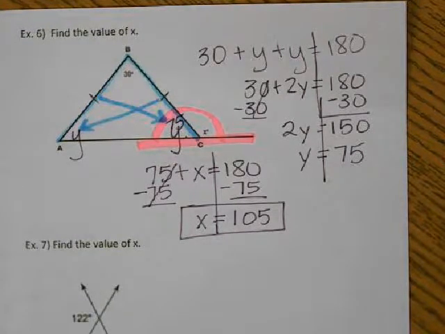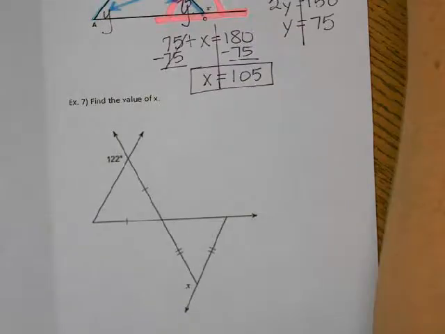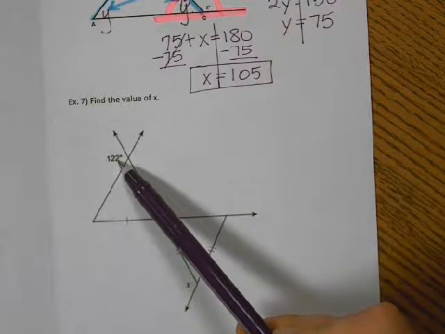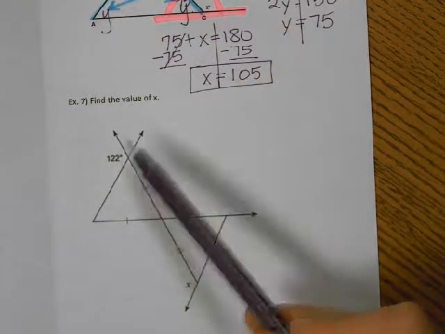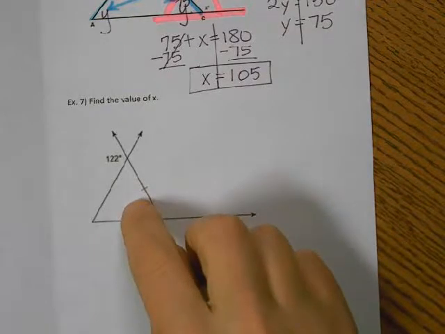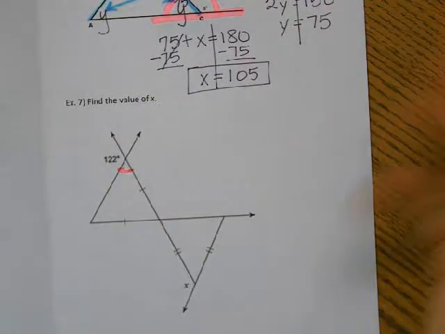Alright, so example 7 is a little bit tricky. Okay, we're going to have lots and lots of hops to go. But we're going to start with the fact that they labeled this 122. Okay, so immediately I start looking for linear pairs or vertical angles or anything that I can use. And in this case, I need to get inside this triangle. So to get inside the triangle, I'm going to talk about this angle right here.